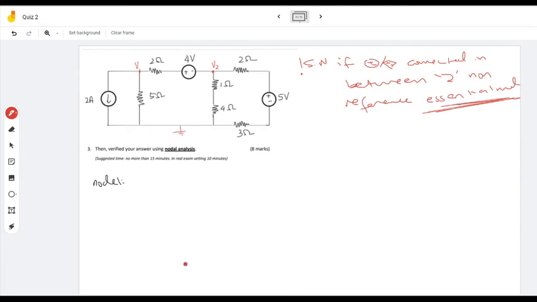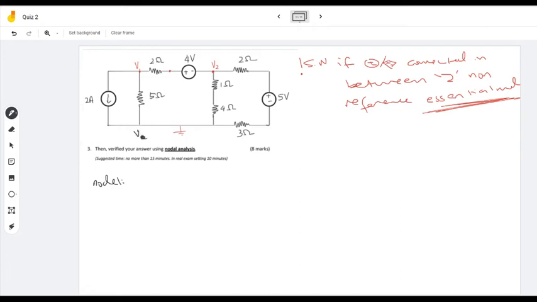Those of you who did a supernode did so because you got confused with this. That is not an essential node. That is just a node. When you take this as an essential node, that is when your analysis goes wrong. So how to do it? Let us do it together. It is not a supernode. Please remember, non-reference means it is not connected to the reference.